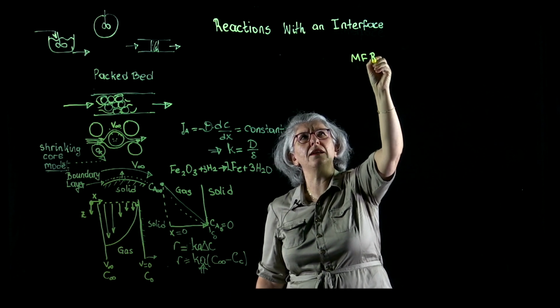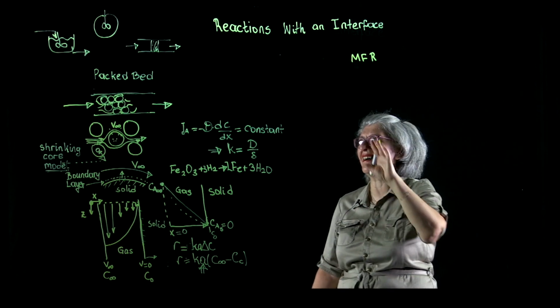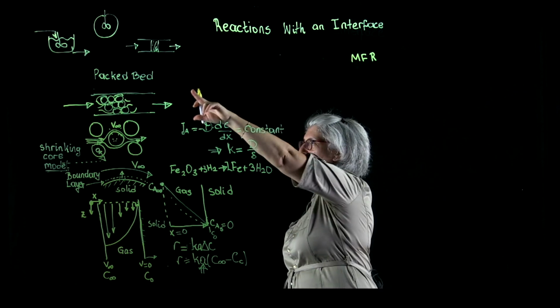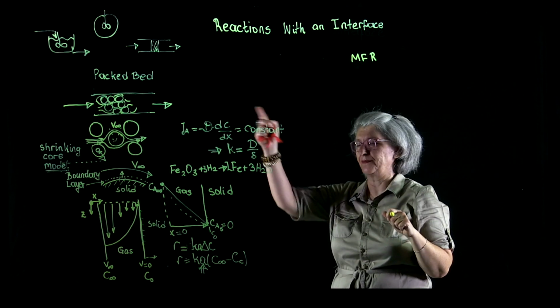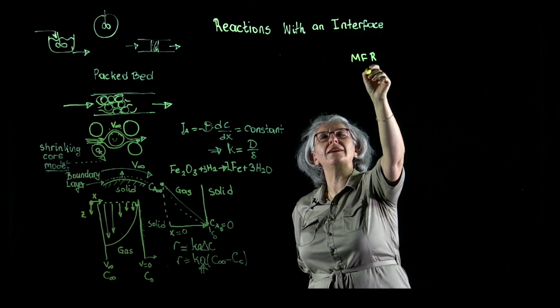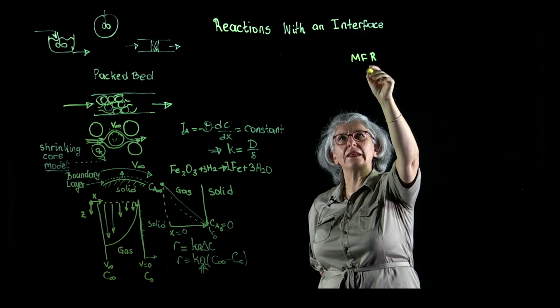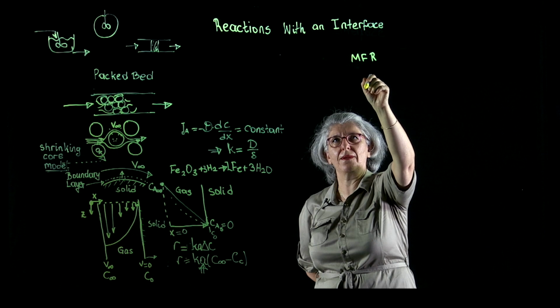I refrain from using the term CSTR because that is the idealized situation which is reflected on the upper side of the board. This mixed flow reactor contains all sorts of non-idealities that we have to deal with.